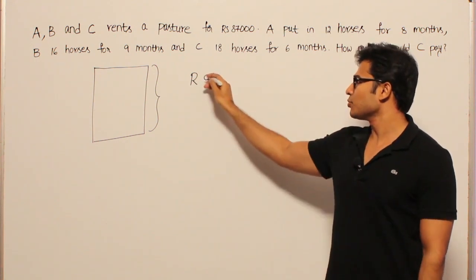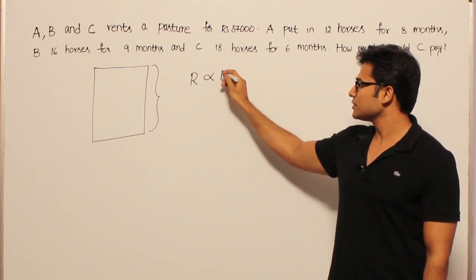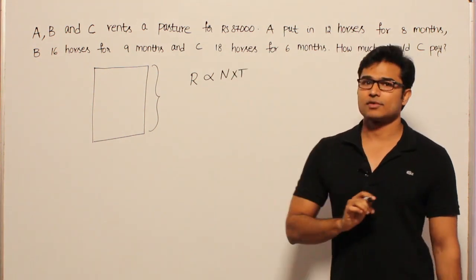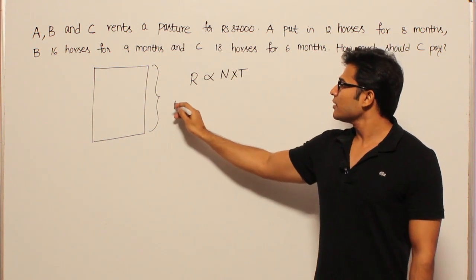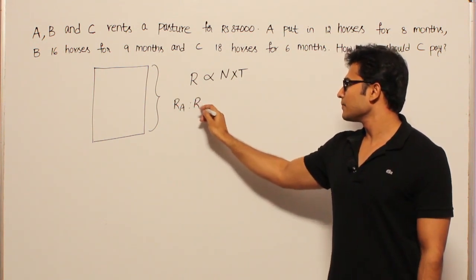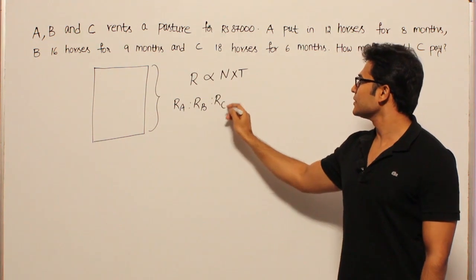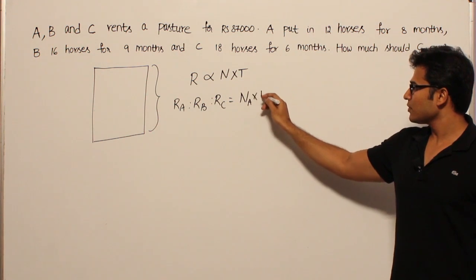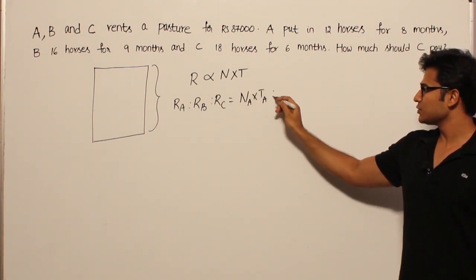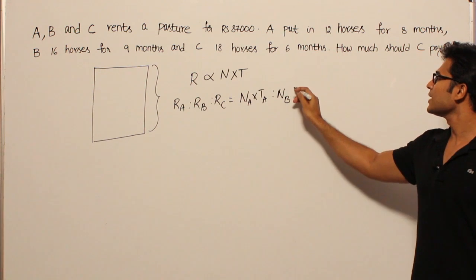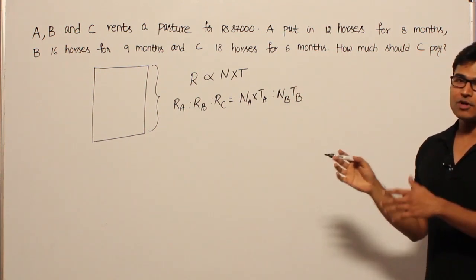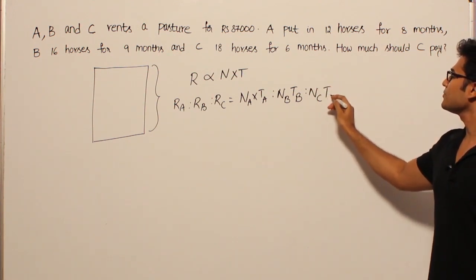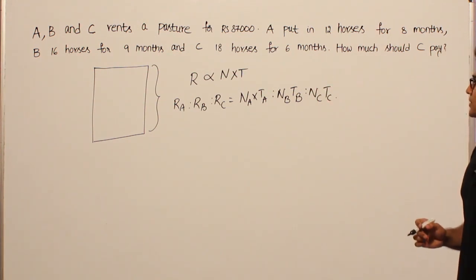So rent is directly proportional to, let us say, the number of horses N and the time for which they are there T. Therefore, rent of A is to rent of B is to rent of C is equal to the number of horses A has into the time for which A has those horses, is to the number of horses B has into the time B lets those horses stay there, is to the number of horses C has into the time C lets these horses stay there.